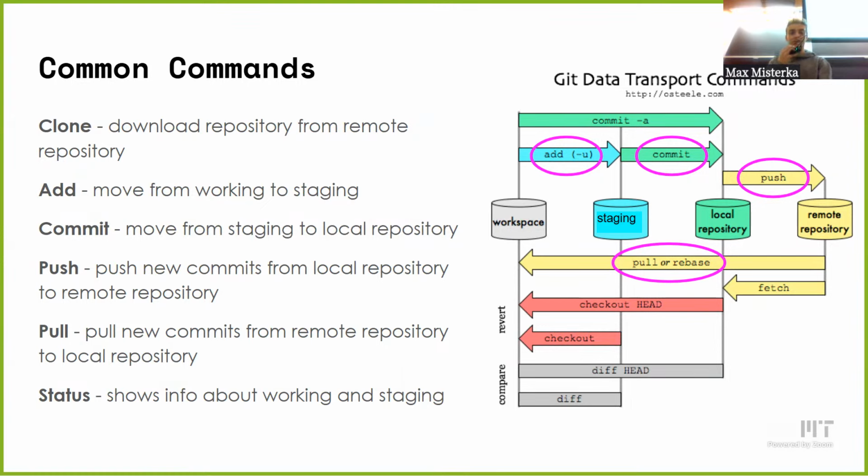Git commit moves them from staging to the local repository. Git push pushes to the remote repository, and that releases them publicly. Pull brings changes back to your workspace, and status just shows you the status of Git, and it shows you information about working and staging.